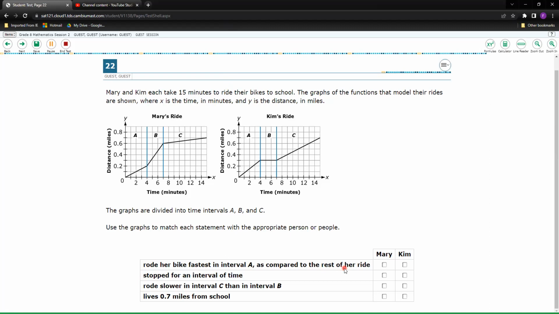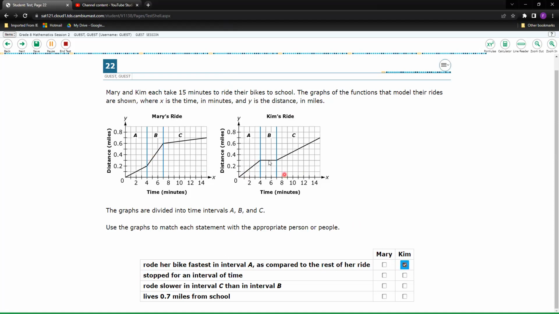So only looking at the chart, which had the sharpest line at A, and it was Kim. We can see that that's the sharpest line. Obviously, Mary has B as the sharpest line, so it's Kim.